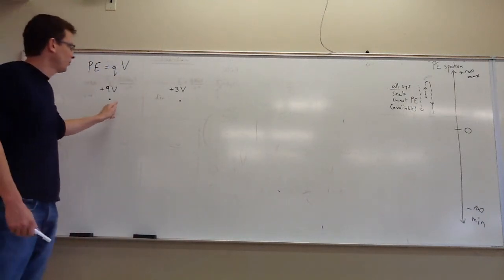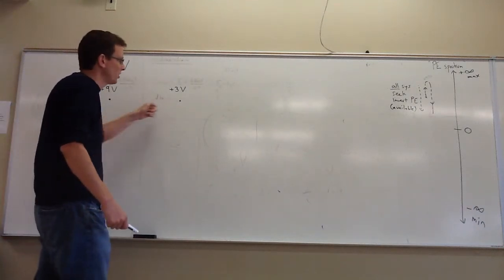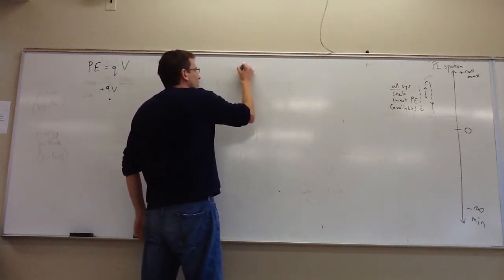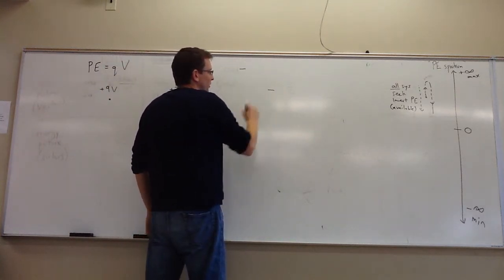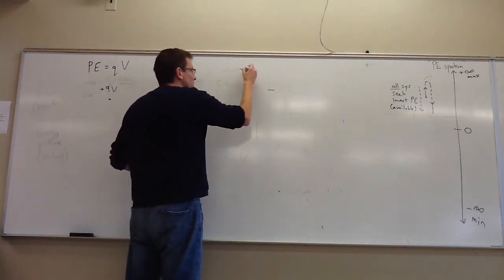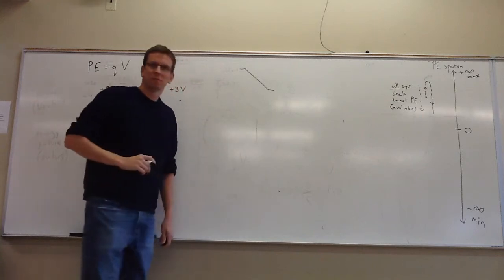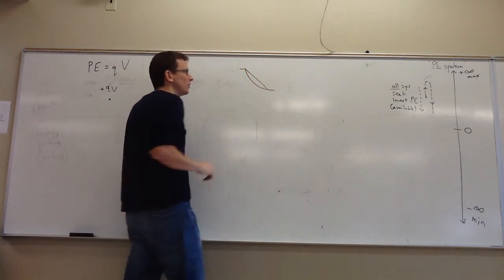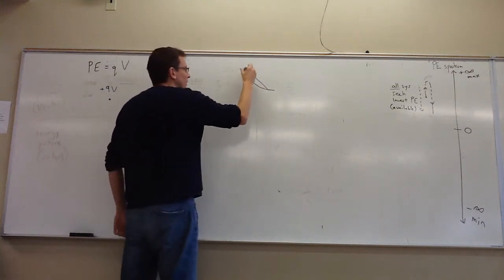Just like I'm giving you 2 values of voltage, it's like giving you 2 different heights for a roller coaster. Let's say I have a roller coaster right here and here. There's lots of different ways that you could build this. You could make it the most boring thing possible. You could do it like this. You could even do it like this.